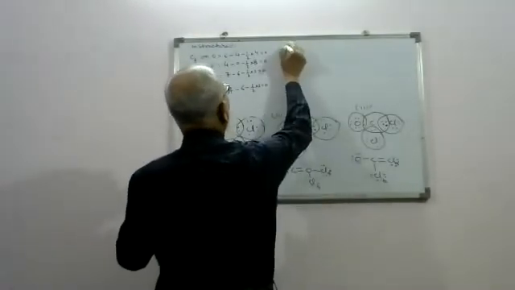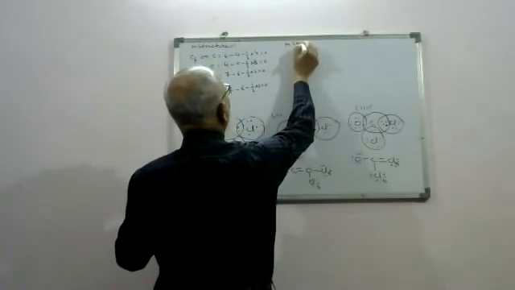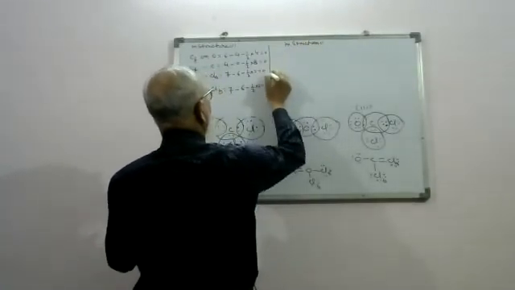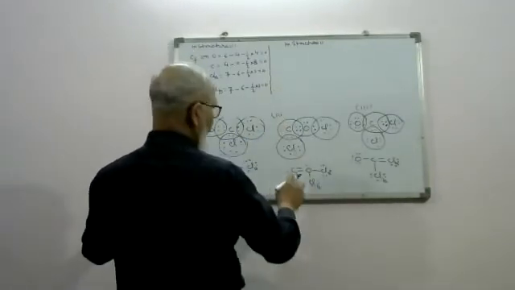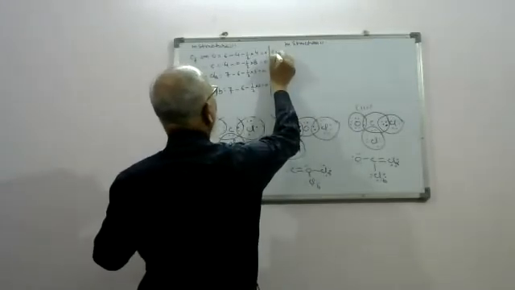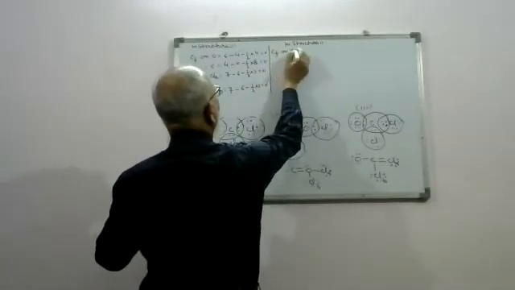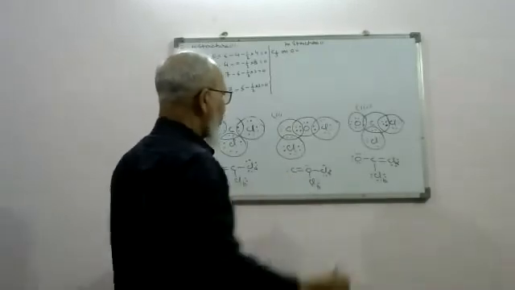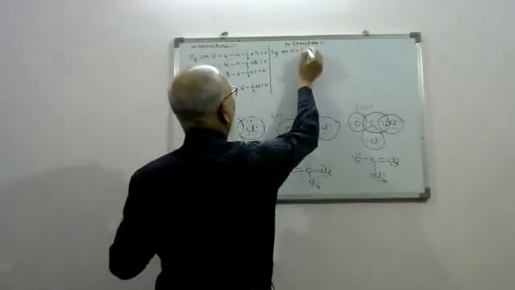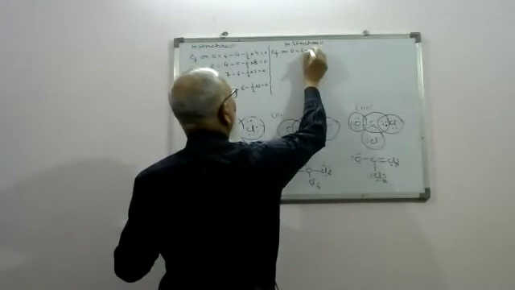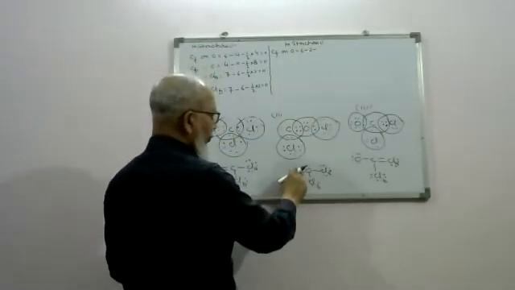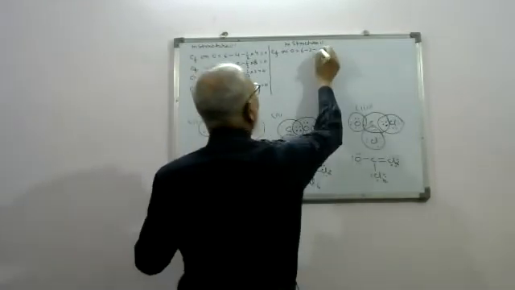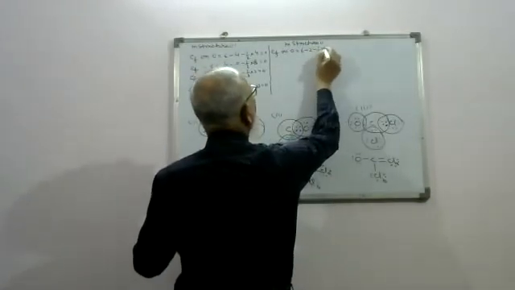In the second structure, formal charge on carbon and oxygen. First we calculate on oxygen. FC on oxygen. This is your oxygen atom, 6 valence electrons minus unshared electrons 2 minus shared electrons 4 and 2, 6. So this will be 1 by 2 into 6.